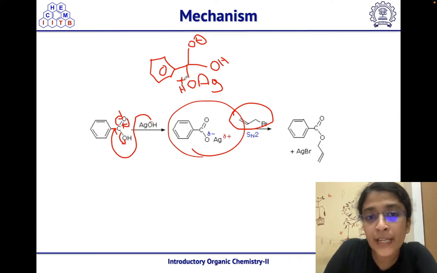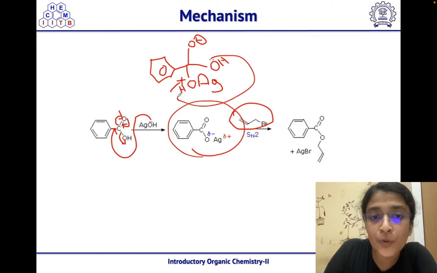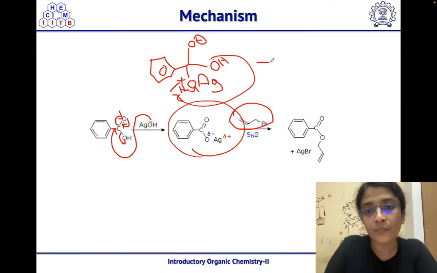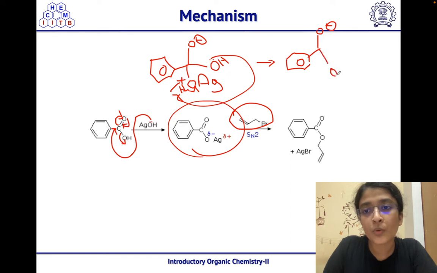Then proton transfer can take place. This oxygen will abstract this proton, and it will lead to formation of O minus, O, Ag.